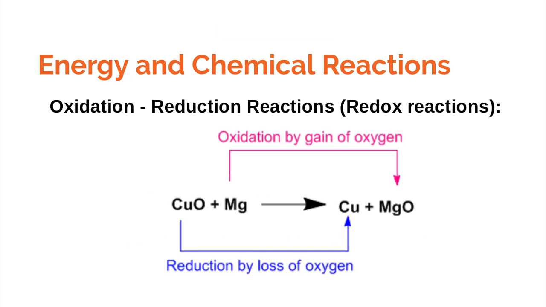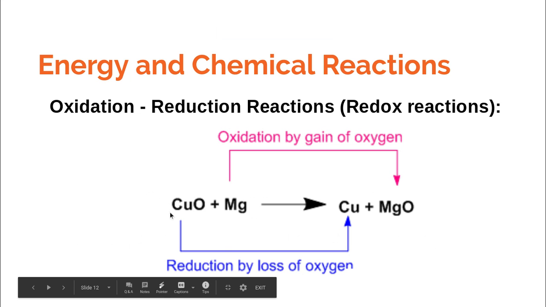Okay, so what does that mean in real life? When we're looking at these reactions, basically we're going to see one atom or molecule that is losing electrons and one that is gaining electrons. And in our product, we see that stealing or that loss.